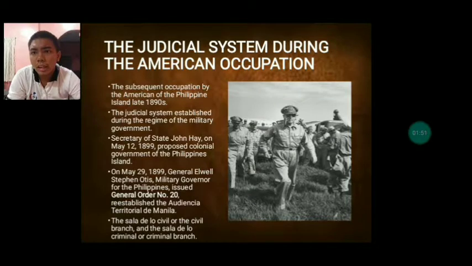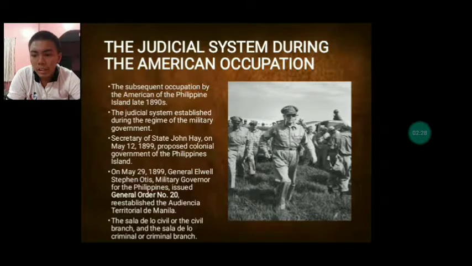On May 29, 1899, General Elwell Stephen Otis, military governor of the Philippines, issued General Order Number 20, which established the Audiencia Territorial de Manila.